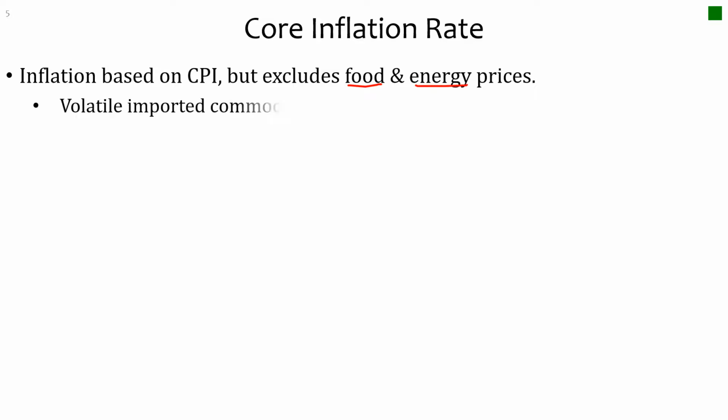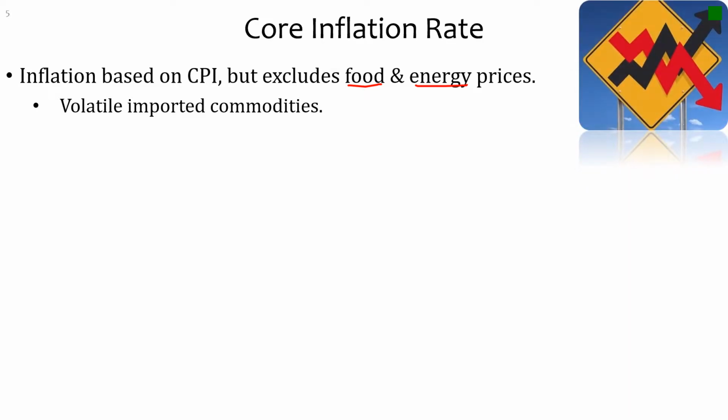The thing is that these things are volatile imported commodities. So most of our food items have an important element of imports. Most of our energy also is imported. So if the price of food and energy changes, it's primarily because of external international events, right? So we want to focus on our own situation domestically.